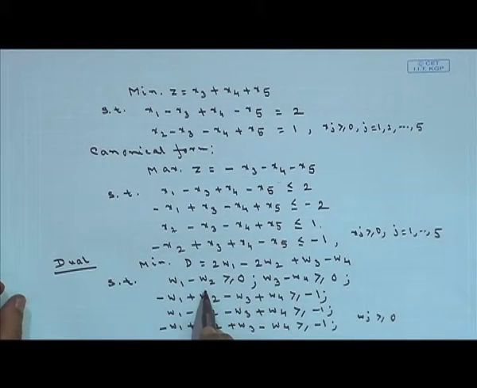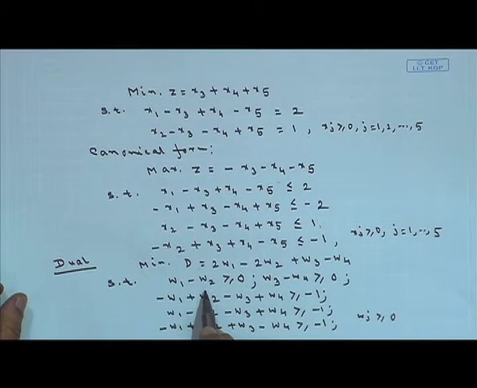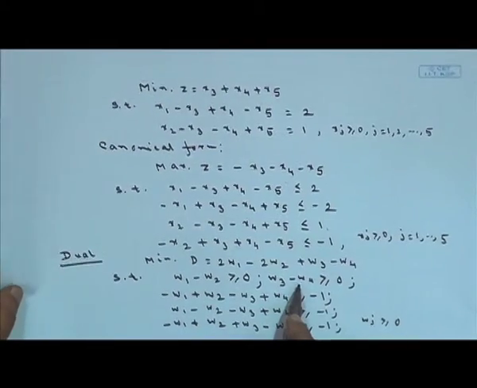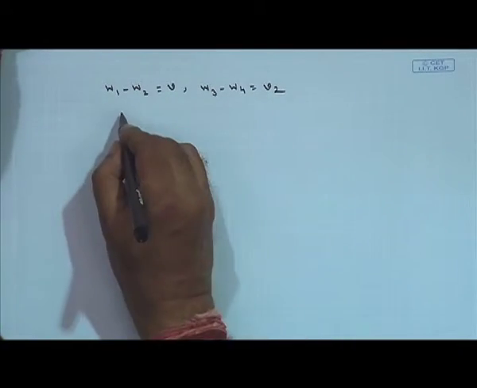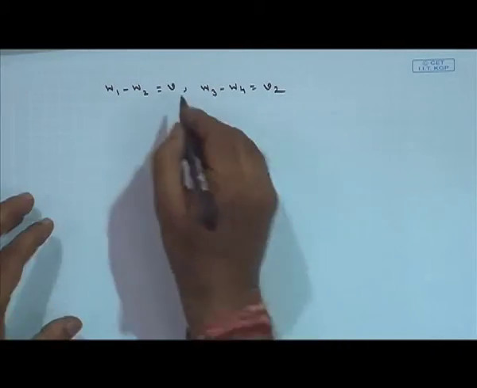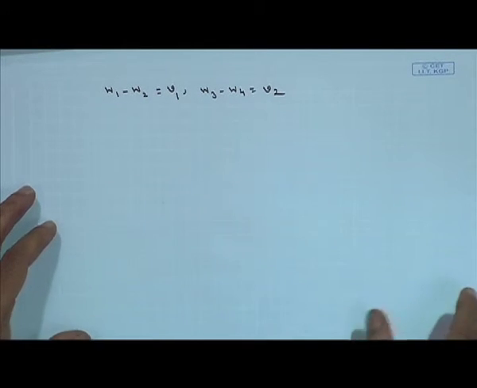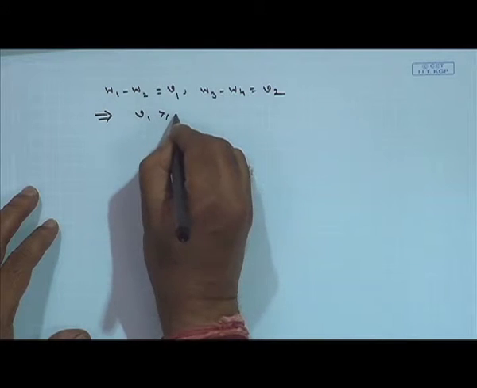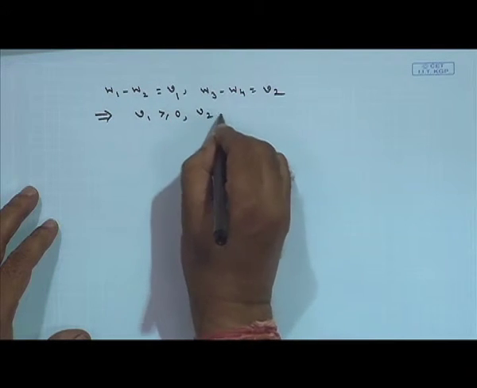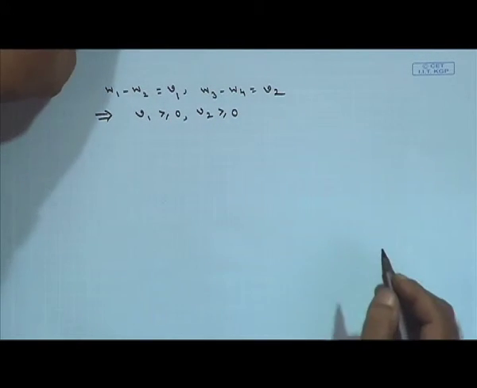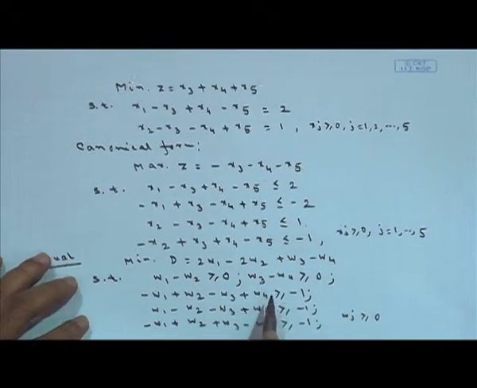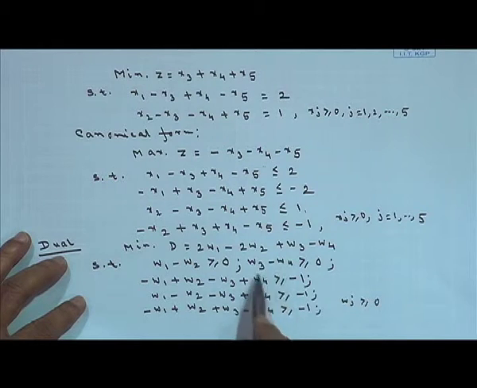W1 minus W2, I am assuming this is V1, and W3 minus W4 I am assuming V2. So, from these constraints, this implies V1 is greater than or equal to 0, and V2 is greater than or equal to 0.